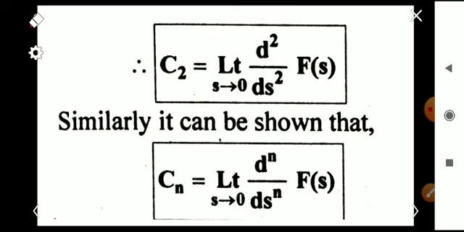C2 is the limit as s tends to 0 of d square by ds square of F of S. Observing these three equations, we get a pattern for the generalized error constants: Cn is equal to the limit as s tends to 0 of d raised to n by ds raised to n of F of S. This is the generalized error coefficients.